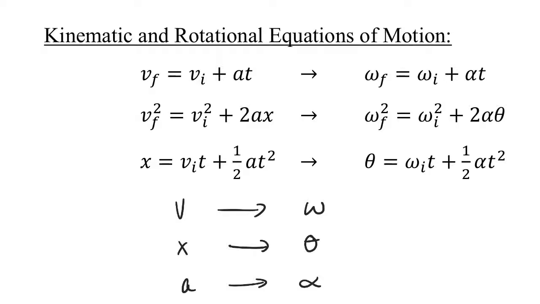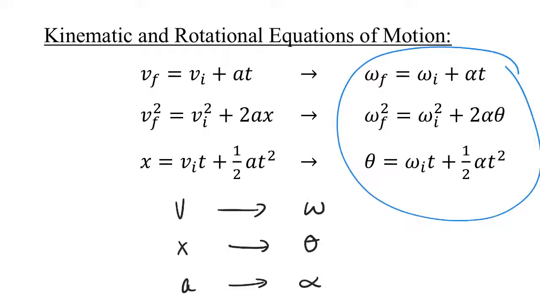These variables simply change their name or their character, but they're really the same thing: acceleration, linear and rotational; displacement, linear and angular; velocity, linear and angular velocity. So the three variables on the right, omega, theta, and alpha, are simply our rotational equations that are using them.